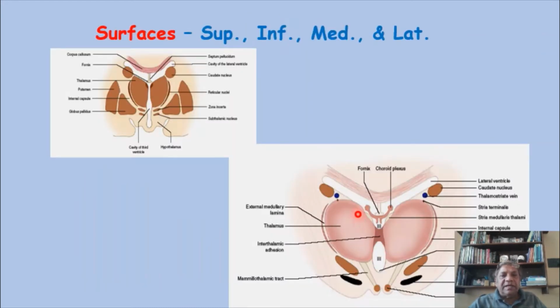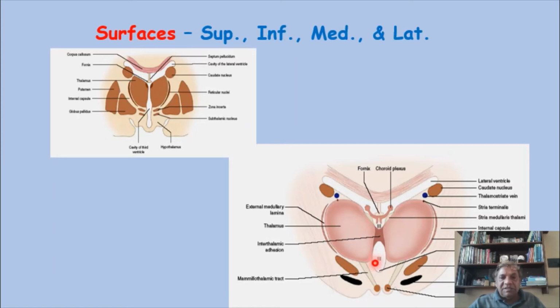Now in this diagram, the smaller one, this is the thalamus in coronal section, where we can see the right and left lateral ventricles, the fornix, and the septum pellucidum. Here you can also see the septum pellucidum, the corpus callosum, and the right and left ventricles, and these two masses are the thalami.